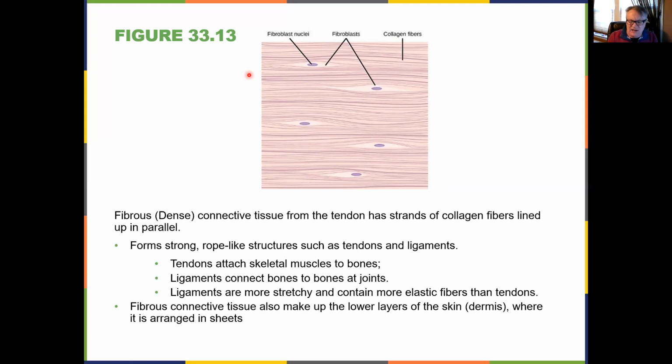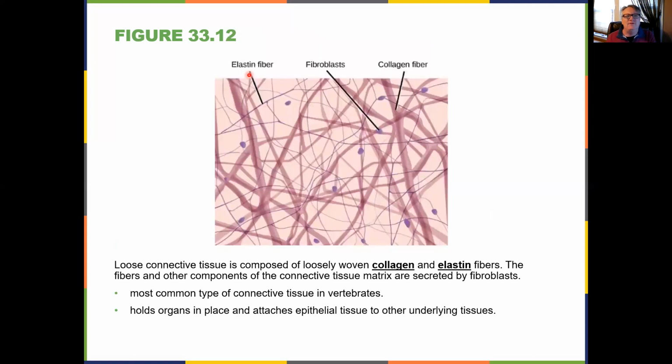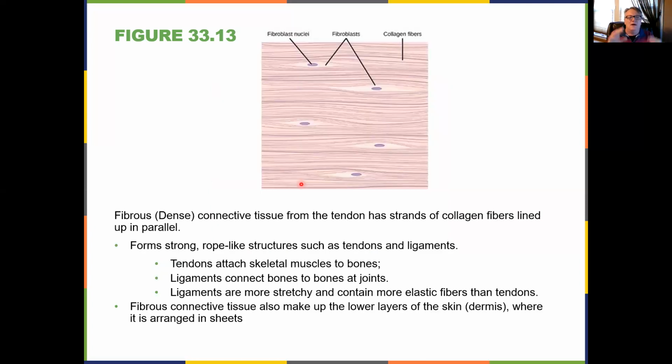And another distinction is if we looked at the loose connective tissue, the arrangement of the collagen fibers is going in all different directions. It's three-dimensional. Fibrous or dense connective tissue has all the collagen fibers pretty much arranged parallel to each other.